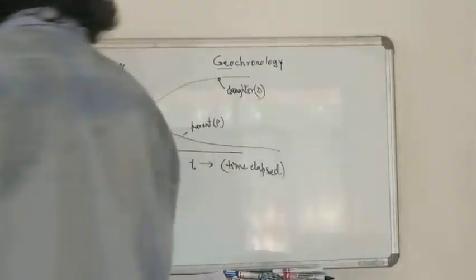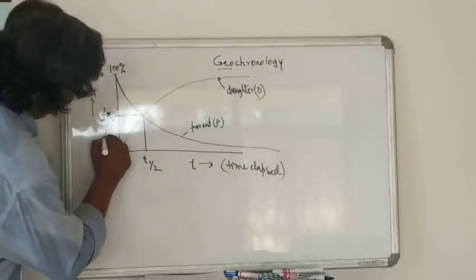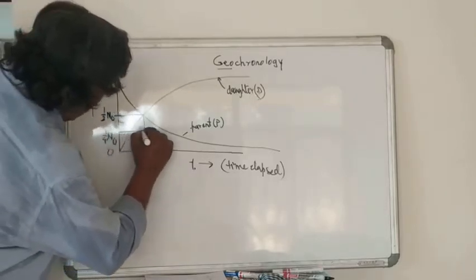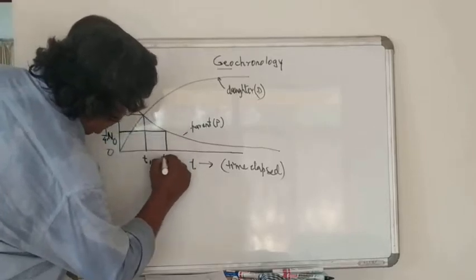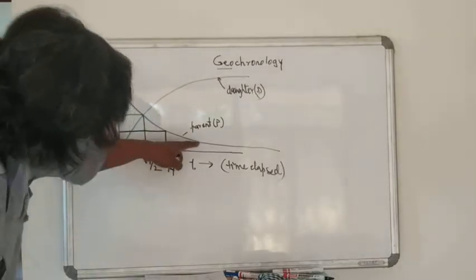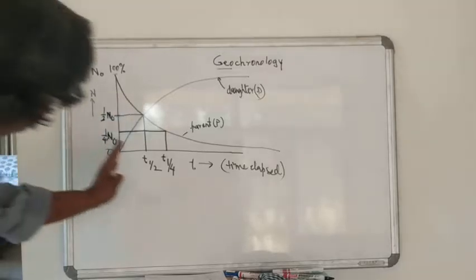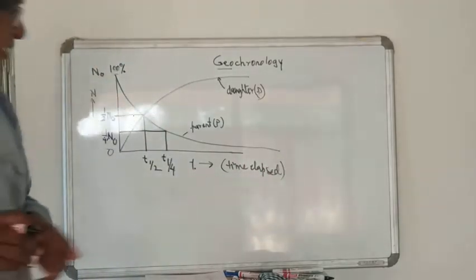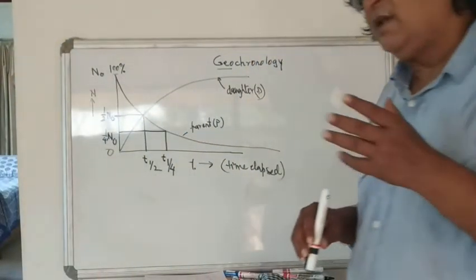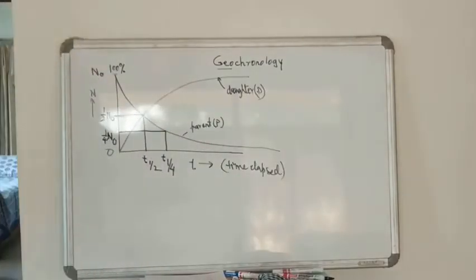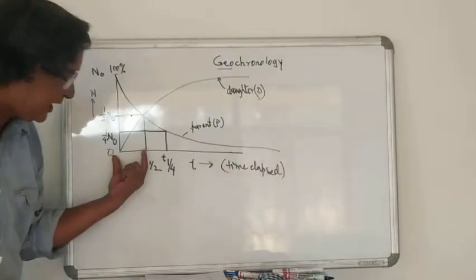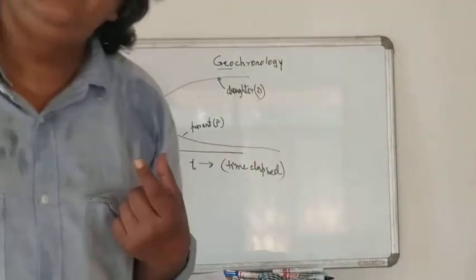Another point is 1/4 N0. What is this? Half of half. So this is T 1/4. You have smaller and smaller numbers, but we take T half, which is called the half-life, when a particular nuclei loses half of its mass due to decay. The time taken, the time elapsed, is called T half.